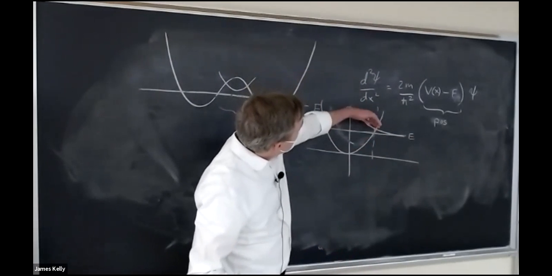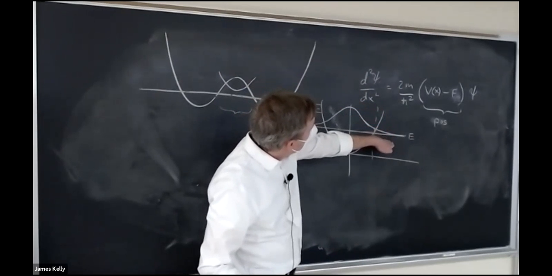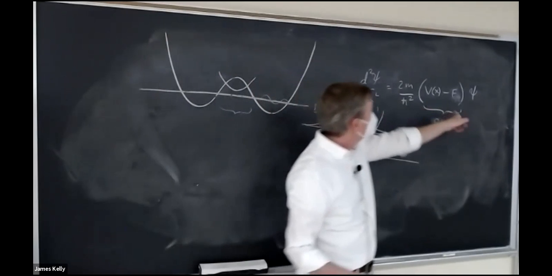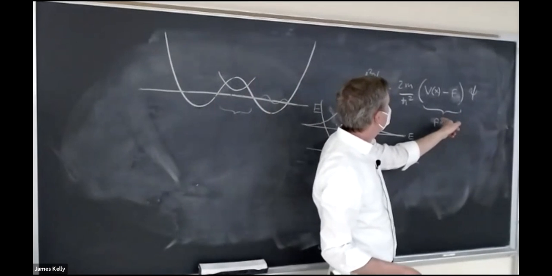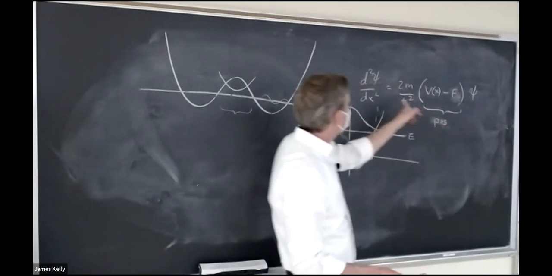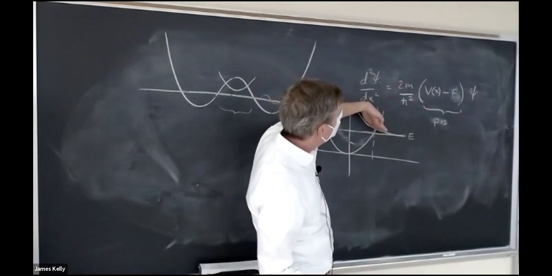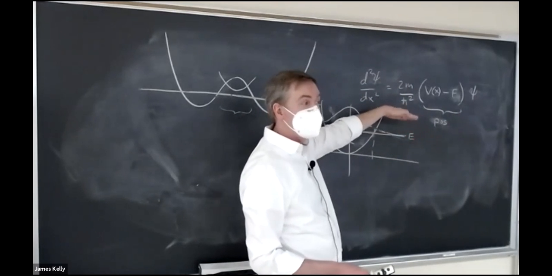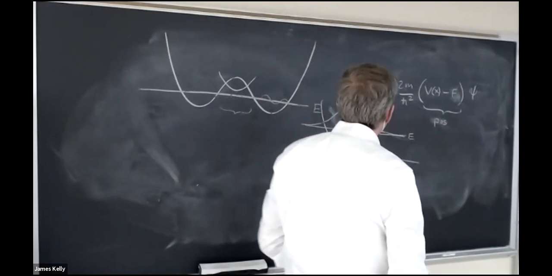We said if psi has a positive value, then the concavity has to be positive, right? If we assume psi is positive, then the concavity has to be positive, and it is positive there, right? So it going to zero or getting less and less is one way for it to do that.